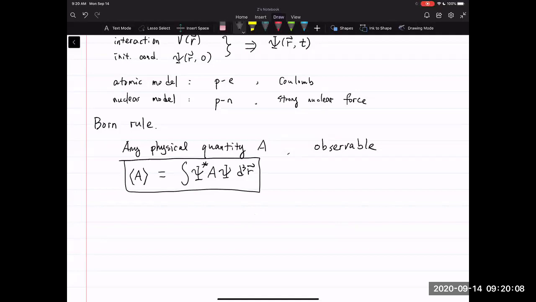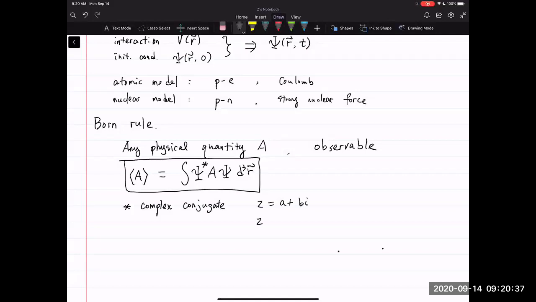So why is that? What do I mean by this? Here, the star means complex conjugate. So for example, if you have a complex number, like z equals a plus bi, right? Here a and b are real numbers.